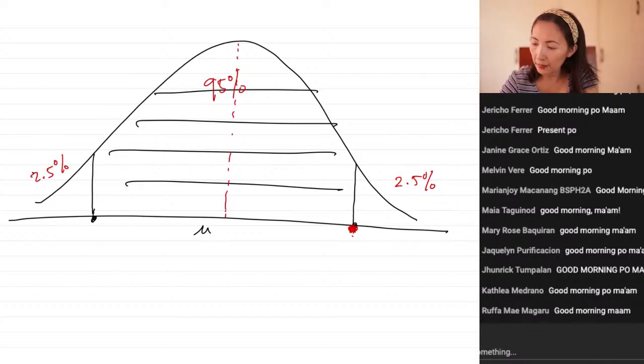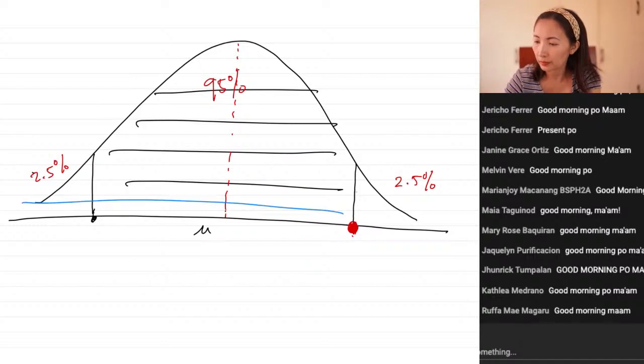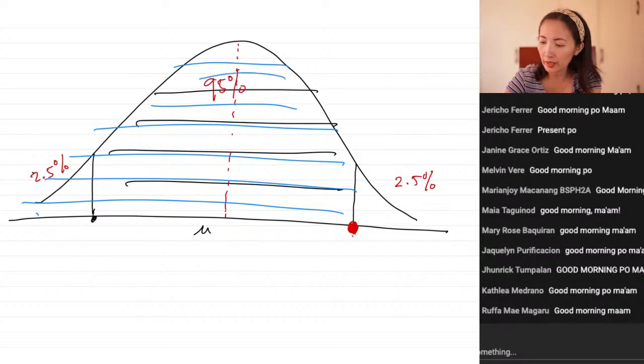The area from the red mark to the left is 95% plus 2.5%, which is 97.5%. If I subtract that from 1, that would be this area, 2.5%.